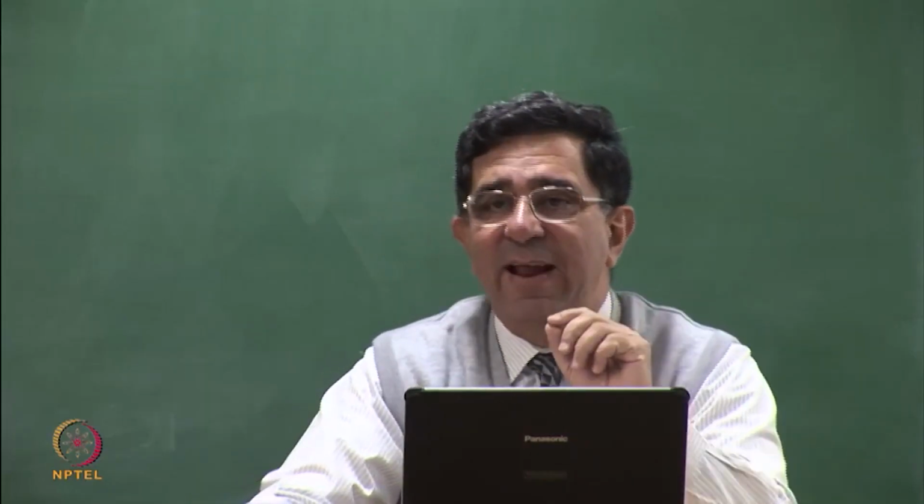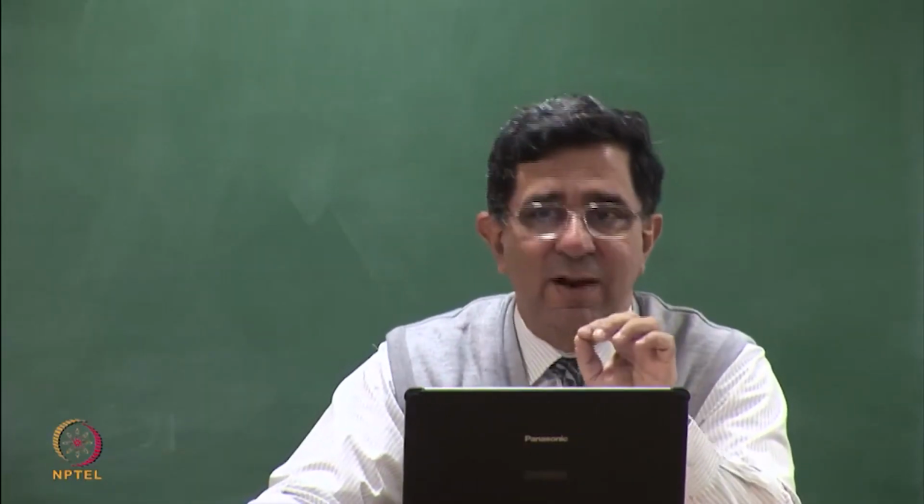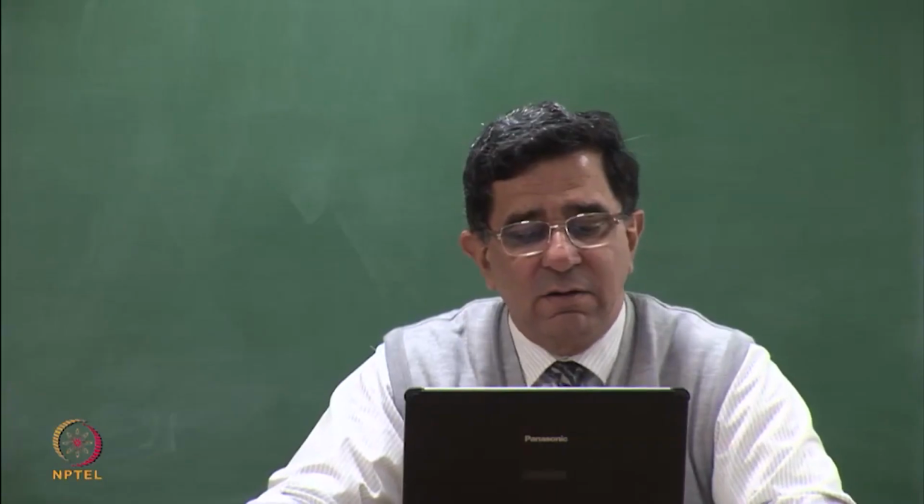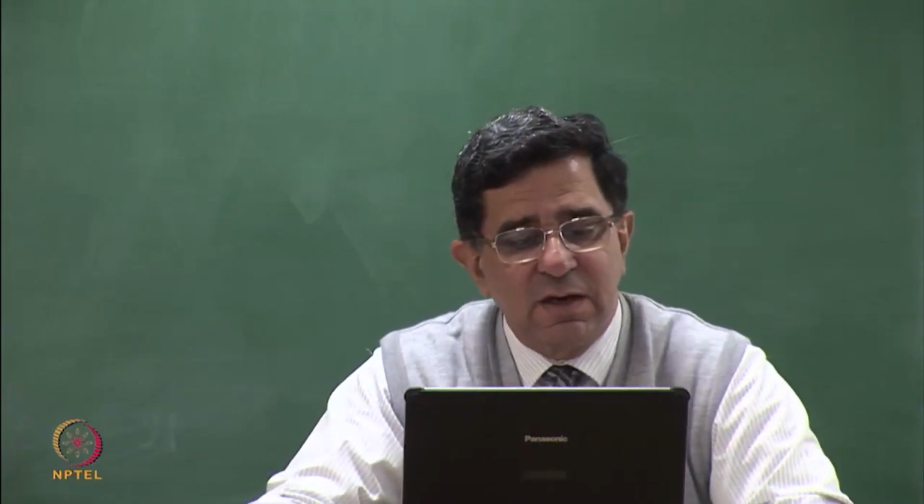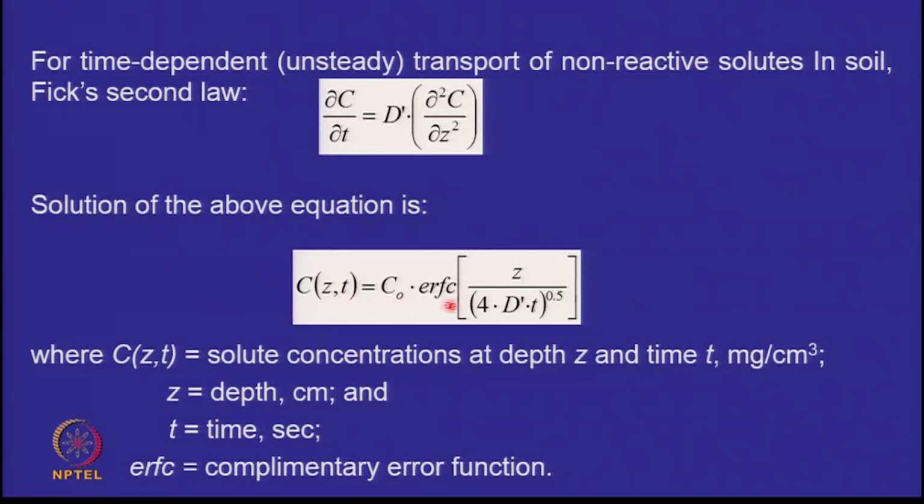If I say the time at 0 time, after 1 year, after 2 years, then Z is 45 centimeters, T is the time, D dash is given to me, so I can compute this value, right? Once you compute this value, you can find Cz as a function of C naught.